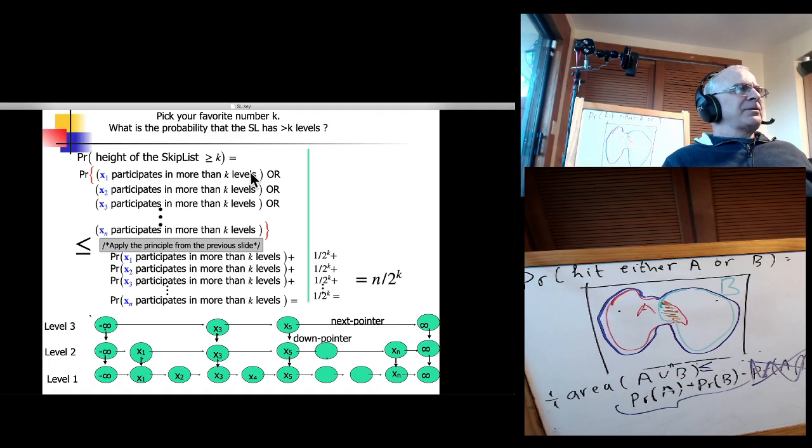So now you see a lot of events. I can think about this event, maybe this happens, or maybe this event happens, or maybe this event has happened, etc. And what is the probability that one of these events happens?